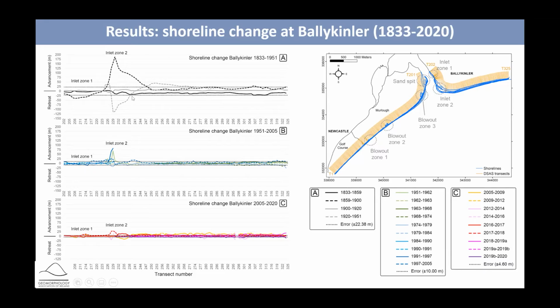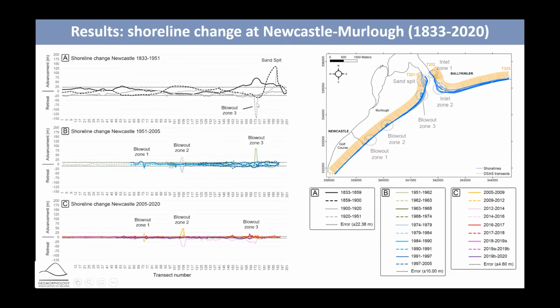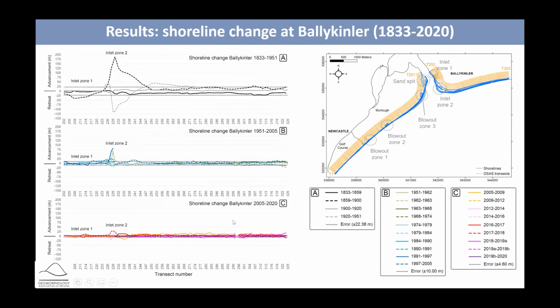And then you can see a huge blowout generated and visible in the 1951 aerial photos. So again, like what happened in Marlog, where there was the generation of this huge blowout, also in Ballykinler here, we had this blowout generation.